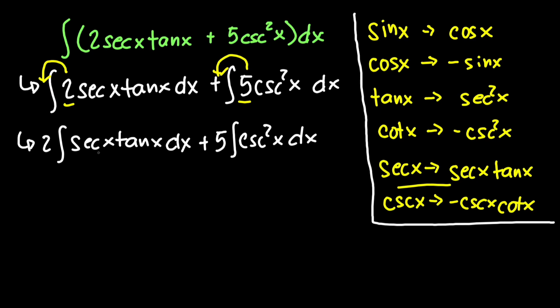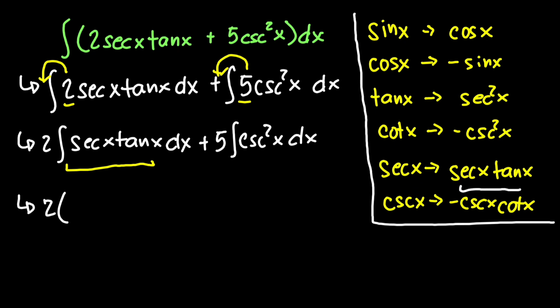And so, let us focus on this. First up would be the integral of secant x tangent of x. So, this would be 2 multiplied by the integral of secant x tan x.